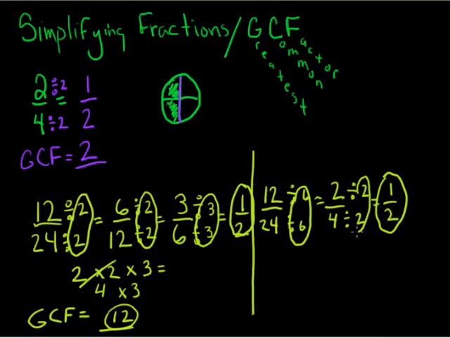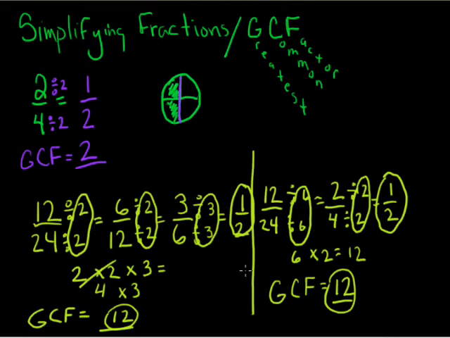Then we divided by 2. 6 times 2 is 12. So our greatest common factor is 12 again. 12 and 12. We did it 2 different ways. We always end up with the greatest common factor.